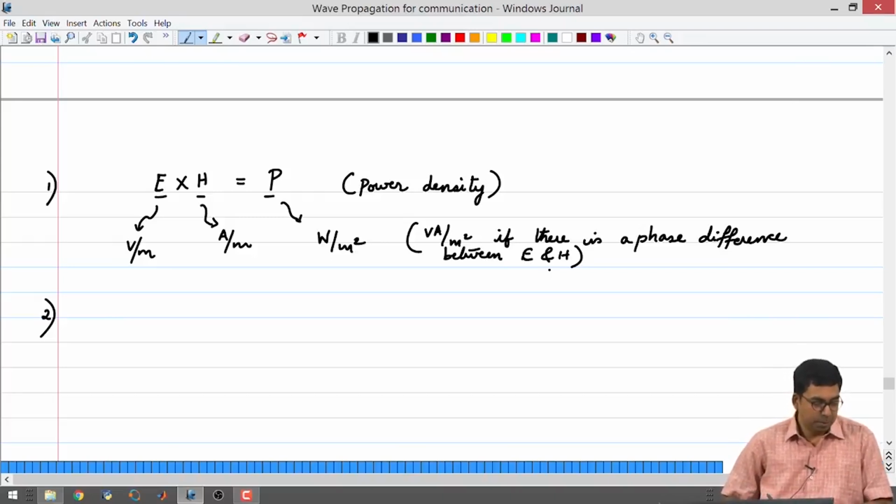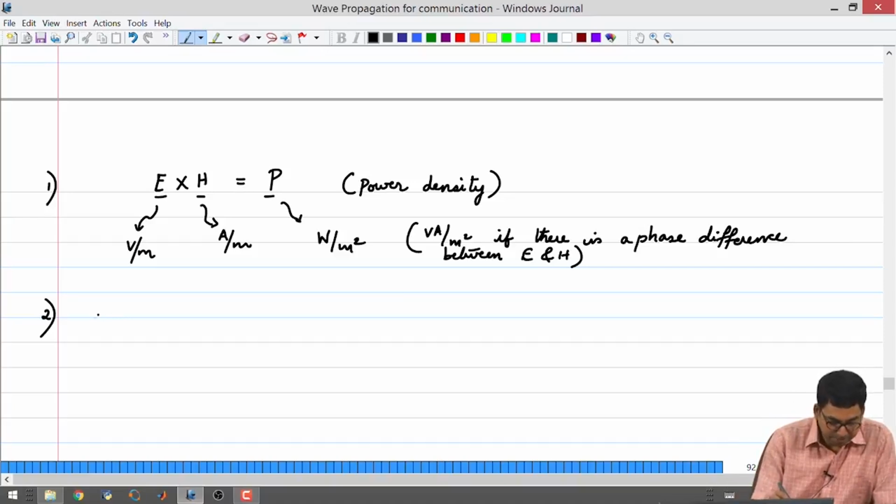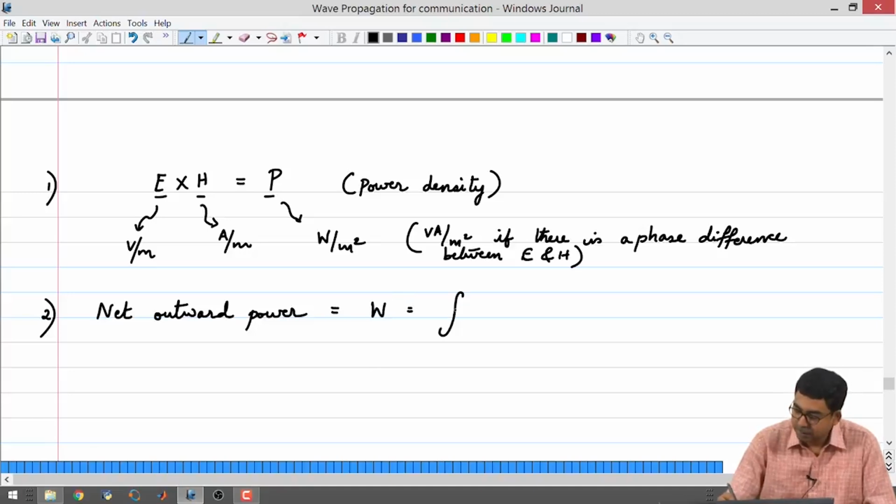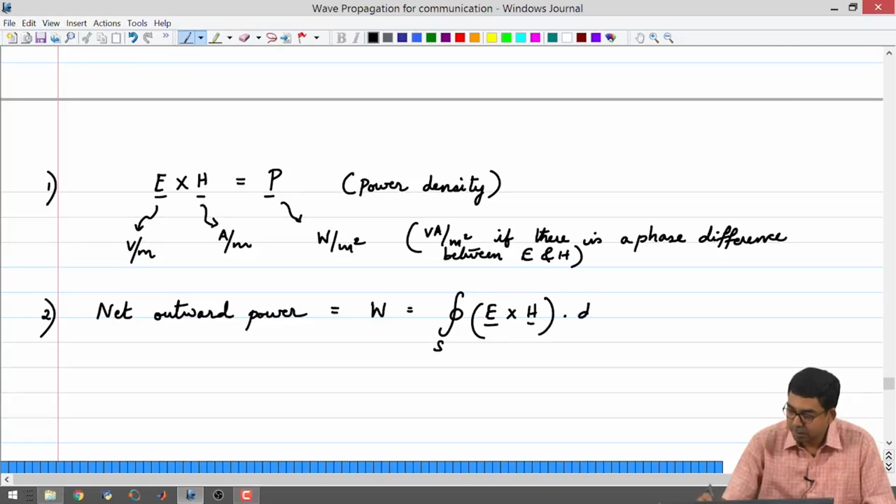Now, given an area, one can calculate the net outward power. The net outward power is usually given by this variable W. So, it is the closed integral of power density over the given area.